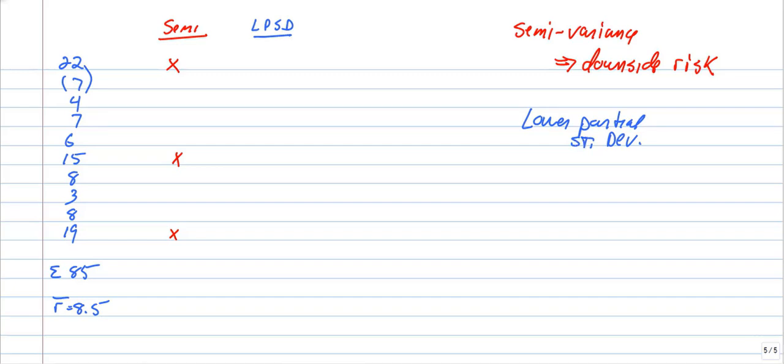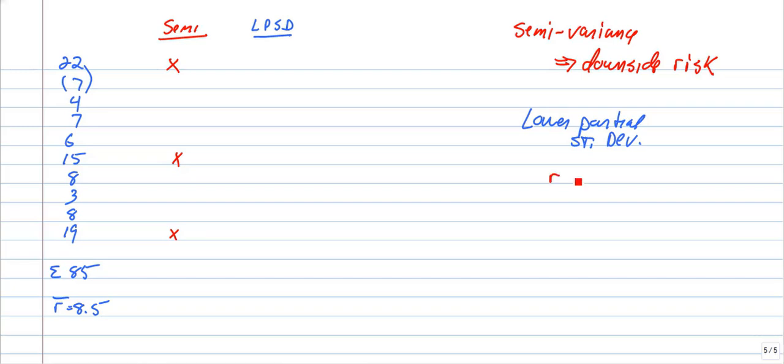And so the lower partial standard deviation is going to calculate a measure of variation, a measure of risk, but it's not going to use all the returns either. Right? Standard deviation uses all the returns. Semivariance doesn't use all the returns. It only uses the returns that are less than the average. The lower partial standard deviation only uses the returns that are less than the risk-free rate.